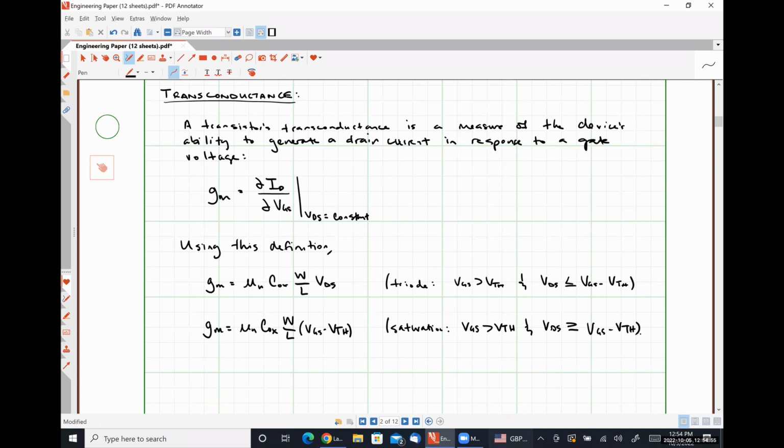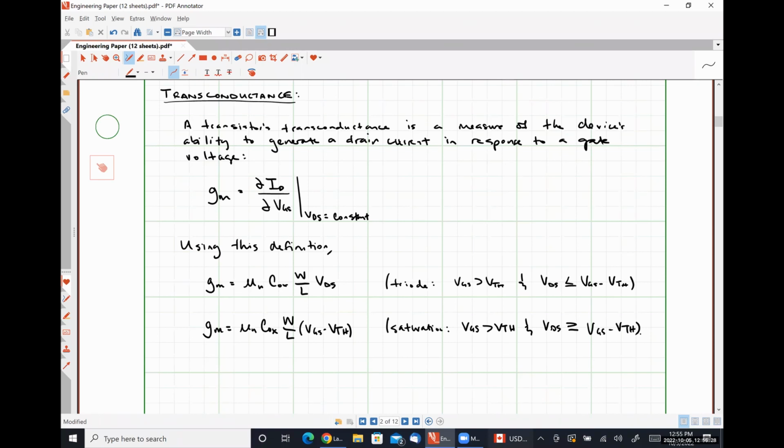Has to be, okay? Why this is important is the transconductance effectively is in some ways a measure of how good our device is going to perform as an amplifier, okay? We are concerned about analog electronic circuits and using transistors as amplifiers. We want to make sure that we get the highest conversion of input gate voltage to output drain current as possible.